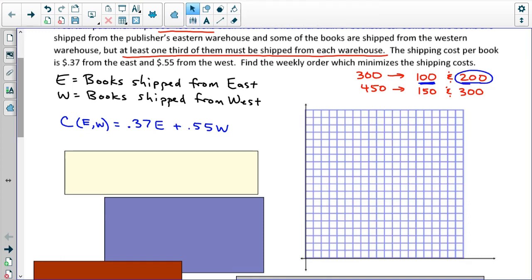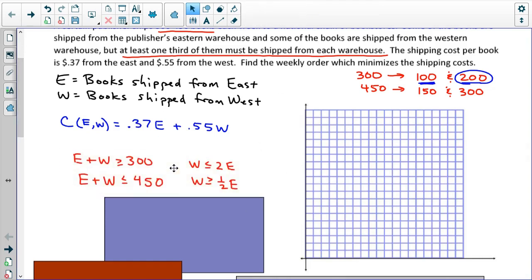So as we take a look at these equations, our constraints are E plus W is greater than or equal to 300, and E plus W is less than or equal to 450. And then these two inequalities deal with the fact that if E is the smaller amount, then I can multiply that by 2 and get W. If E is the bigger amount, then I have to ship at least 1/2 of that from W. So W must be greater than or equal to 1/2 E, and W must be less than or equal to 2E.